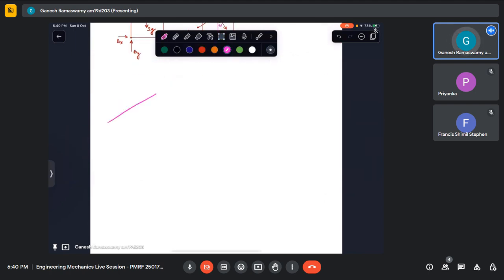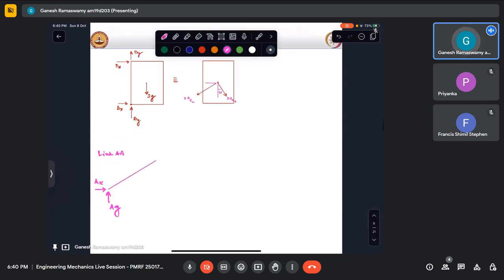Now I have my first link like this, which is AB. For link AB, I know that the pin would offer a reaction at A in the x direction, and then I would have a reaction in the y direction.